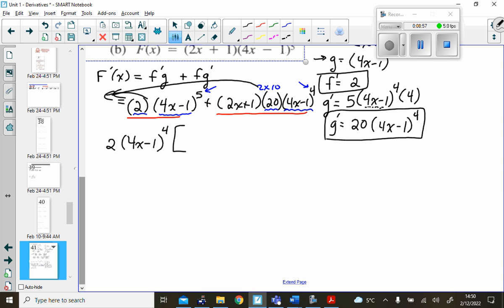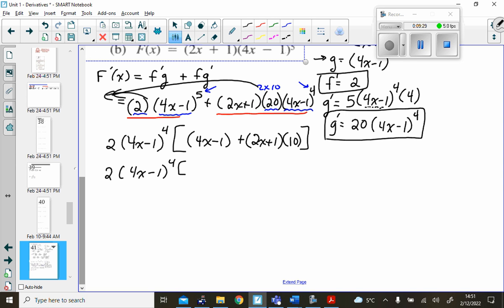taking the 2 out of the first term, it goes away, and 4x minus 1 to the 5th leaves 4x minus 1 to the 1, plus 2x plus 1 stays behind. The 10 has stayed behind, and the 4x minus 1 to the 4th is gone out front. So I have 2, 4x minus 1 to the 4th.